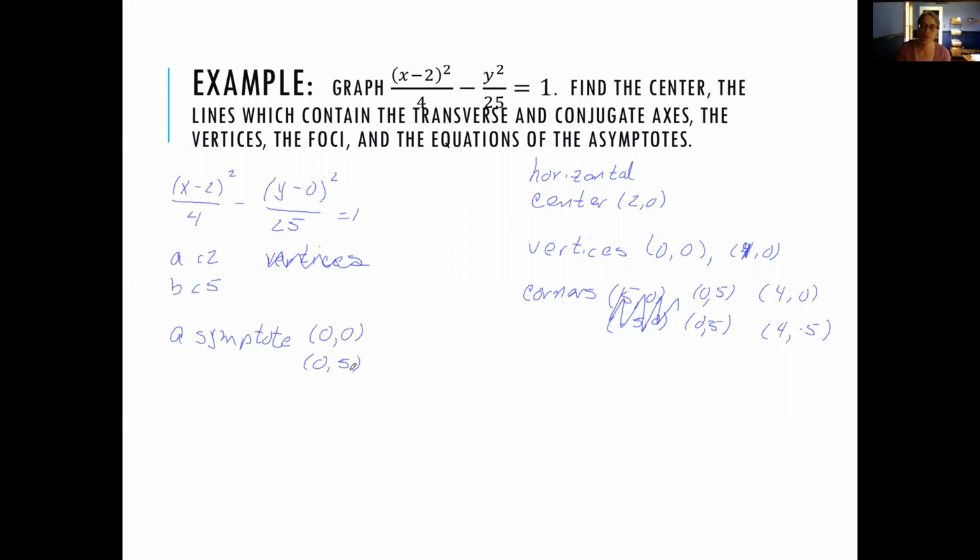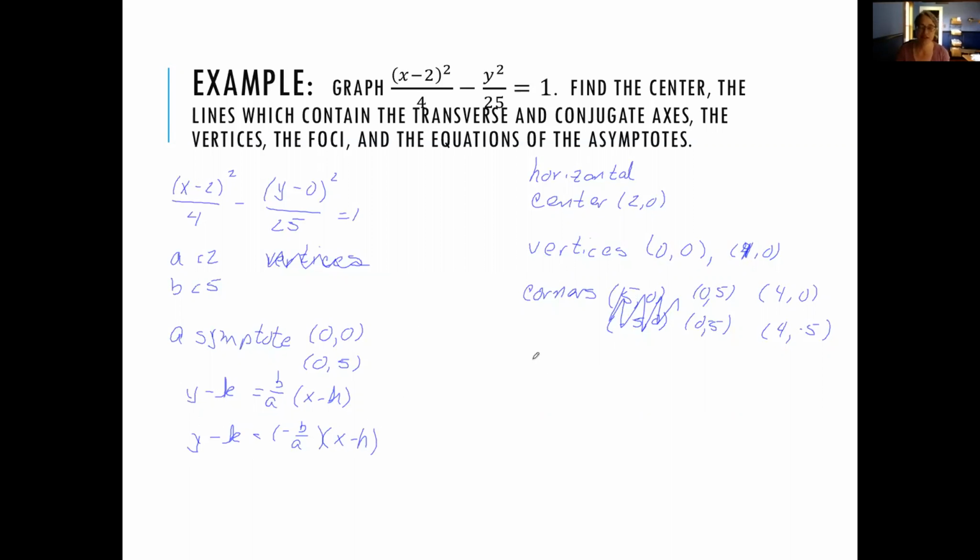If you pay attention to this, you know that you can write, so k is a y-coordinate, because this is h, k, so y minus k is going to be equal to the slope. And you're going to have one asymptote with slope b over a, and one asymptote with slope negative b over a.